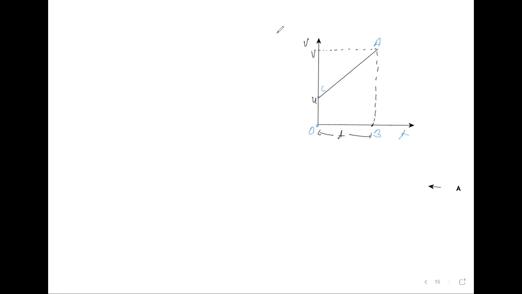So now we are calculating the area under the velocity time graph, the area of trapezium A, B, O, C, A.